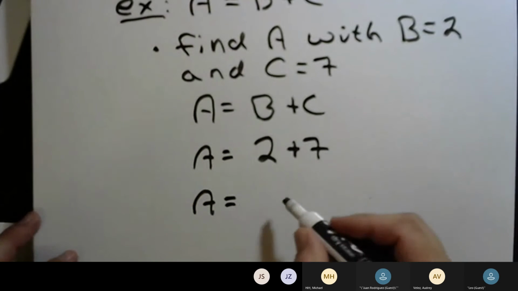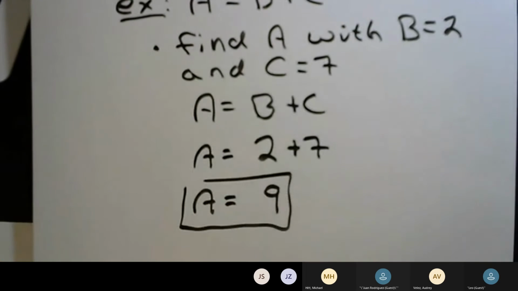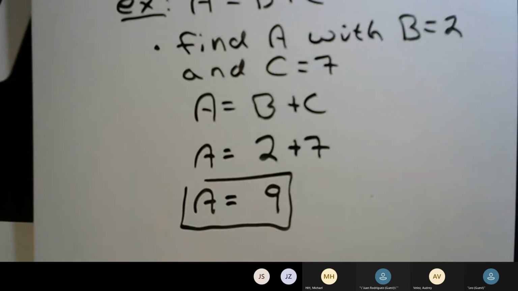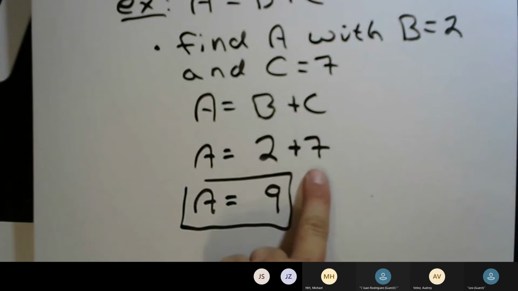And so A is going to be 9. So that's what we've done with formulas so far. By giving a value to B and C and then working out the arithmetic, we found a value for A.